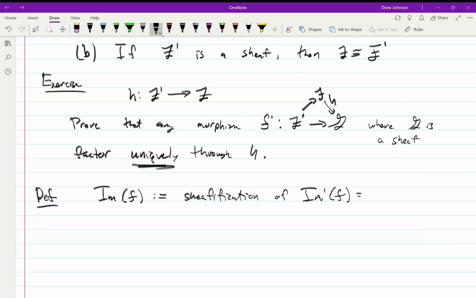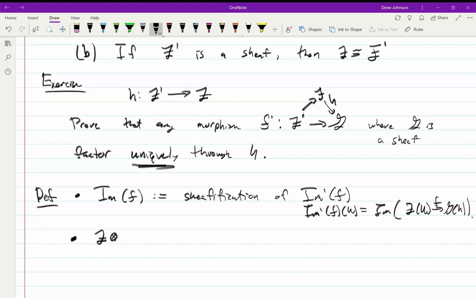Remember, this one was defined as image' f on U was just the image of f on U. And of course we'll do the same thing for the tensor product.